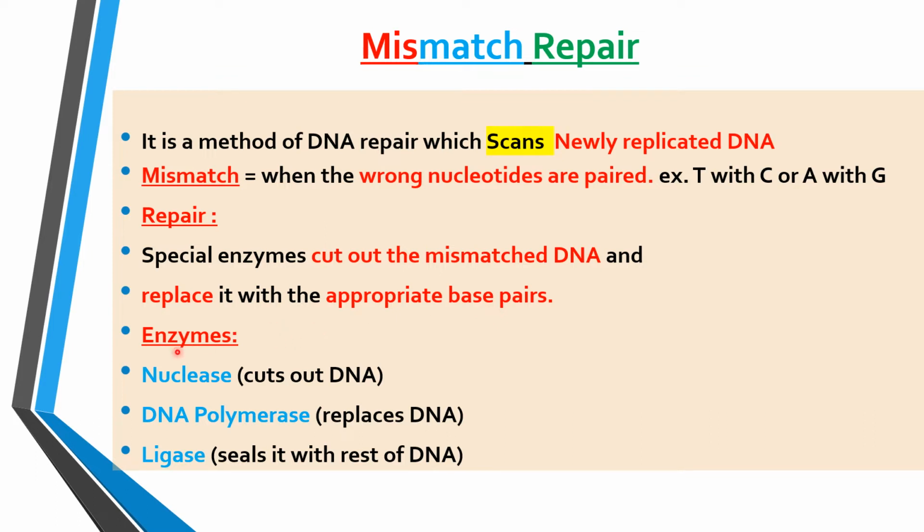There are some enzymes which are important in this mismatch repair mechanism. They are nucleases, DNA polymerase and ligases. The nucleases are the ones which cut the DNA and the DNA polymerases are the ones which will replace the DNA, and the gap is sealed with the ligases.